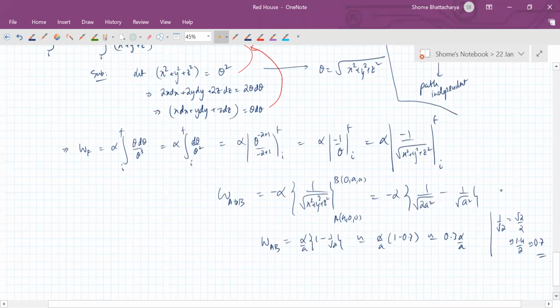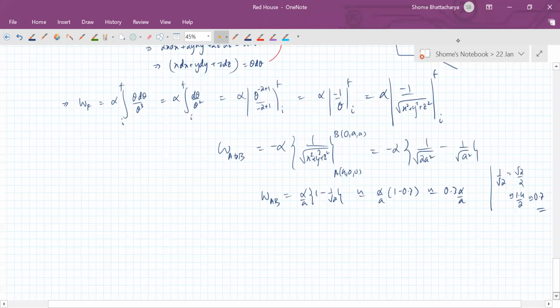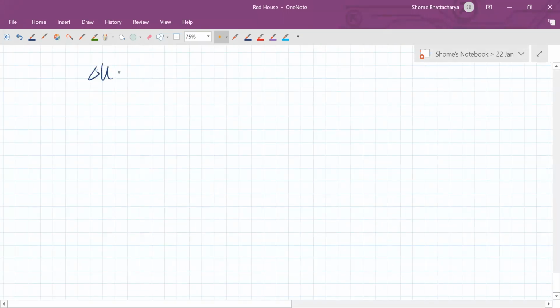Now the next thing is that once we have shown that the force is conservative, we can define potential energy. We can define potential energy by this relation that delta U is negative of work done by the internal conservative force. So in this case, we will define delta U is negative of the work done by that force. So final potential energy minus initial potential energy should be negative of that, you know, alpha by A. Sorry, what was it?